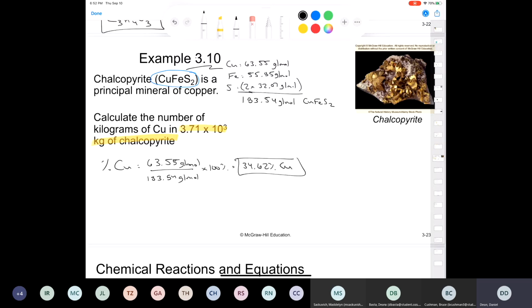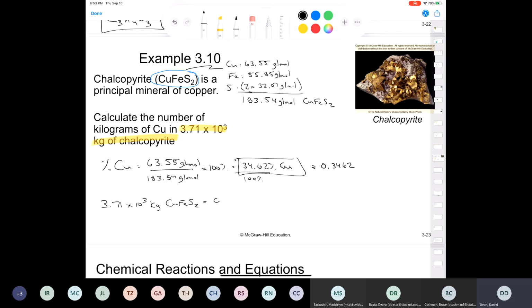But we can express that as a fraction out of 1, I should have said, which equals 0.3462. So literally all I have to do is multiply this. It says here I have 3.71 times 10 to the 3 kilograms of CuFeS2.